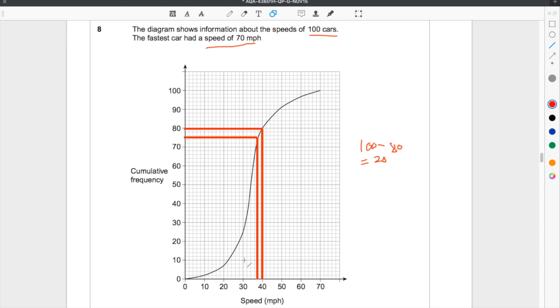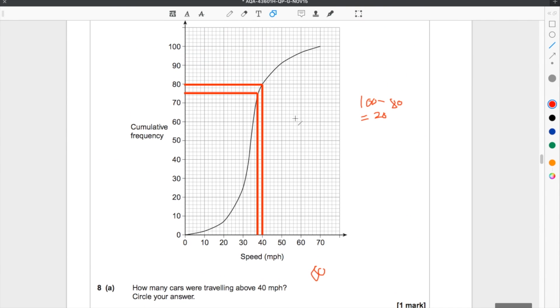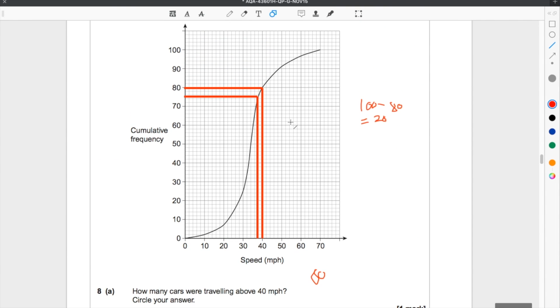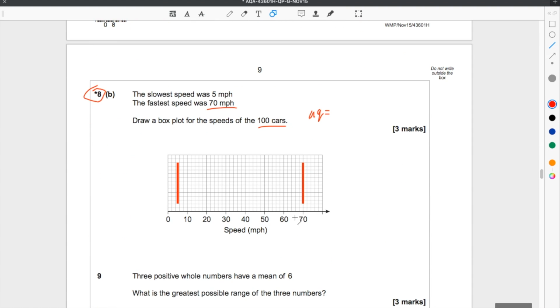Okay. So the upper quartile for the speeds is 38. So we go to 38, which is there. We draw a line up, and that's our upper quartile.